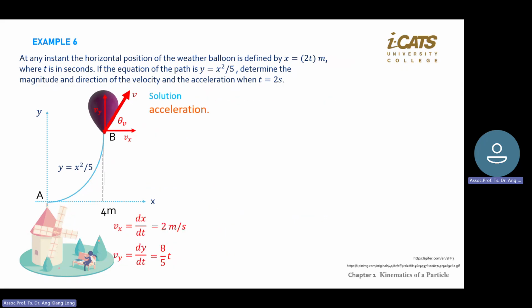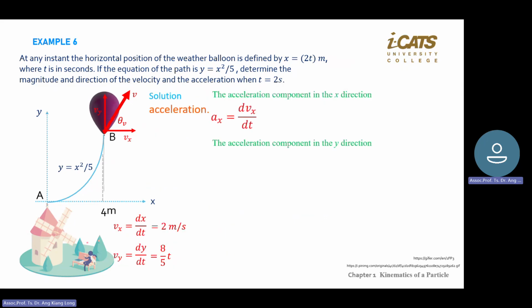Okay. Acceleration is also the same. Ax equal to dVx/dt. You know that your Vx is 2 just now. So your ax equal to 0. So sometimes your answer can be 0. It can be as simple as 0.